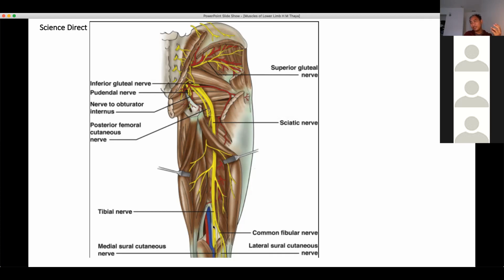Finally, it will divide into two portions: the common peroneal, or common fibular nerve, the same, and the tibial nerve. So we need to know the anatomy of the sciatic nerve to some extent.